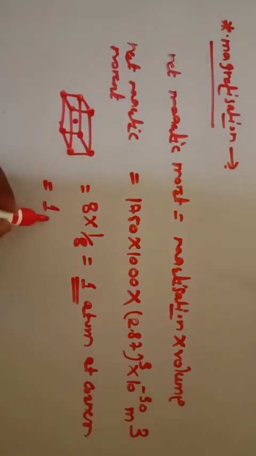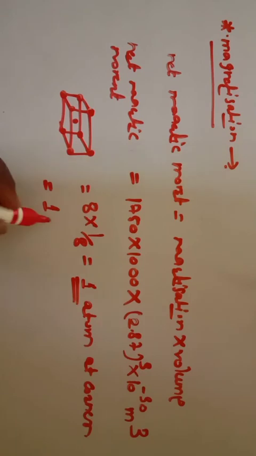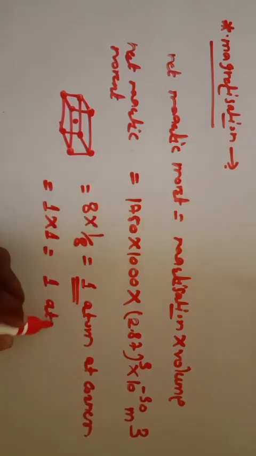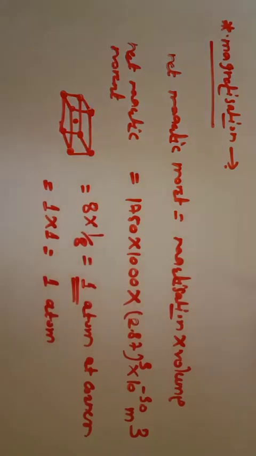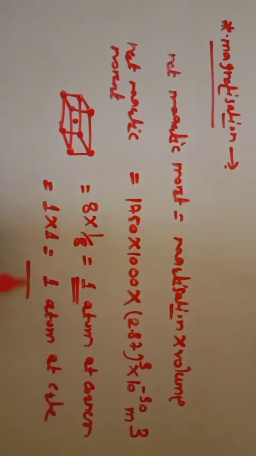So total one center atom is there, and its contribution is one, so total one atom. So one atom at corner and one atom at center, and if you add it, then there are a total of two atoms in this BCC.